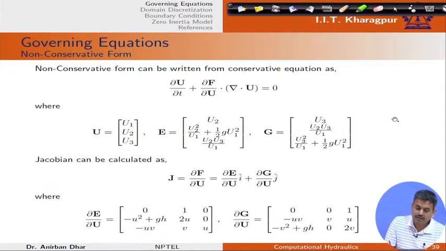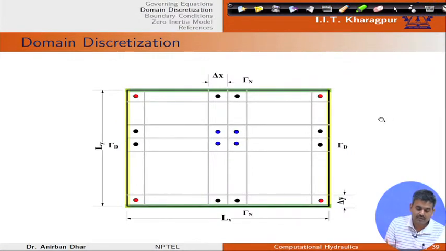Now, after this calculation, we can discretize our domain, because we need to use the finite volume method. So, obviously, for the finite volume method, we need to divide our domain into a number of cells.